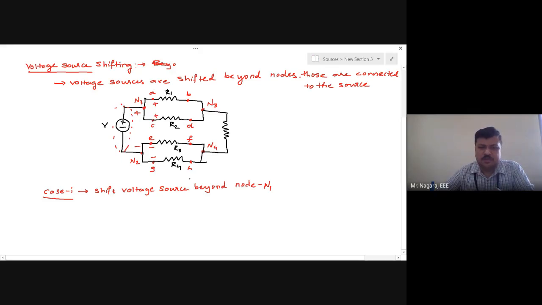So shift the voltage source beyond node N1 and short circuit the original branch. So this I have to do now.